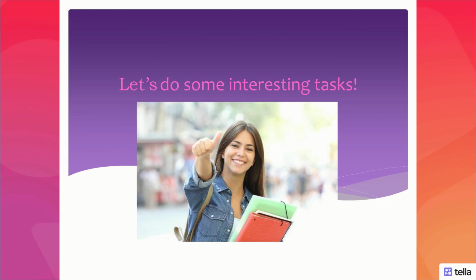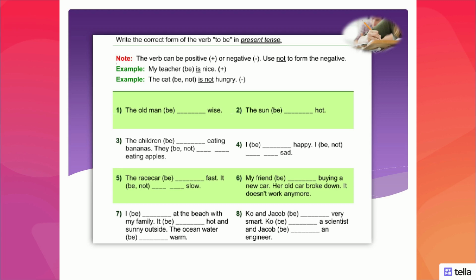And right now, let's do some interesting tasks. Use the pause in the video to do this task. In this task, you have to locate the verb that is in the brackets instead of the gap, to make the sentence correct and to make a present simple tense sentence.